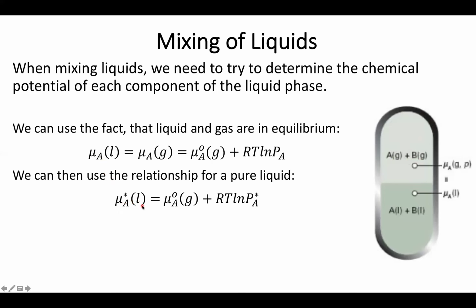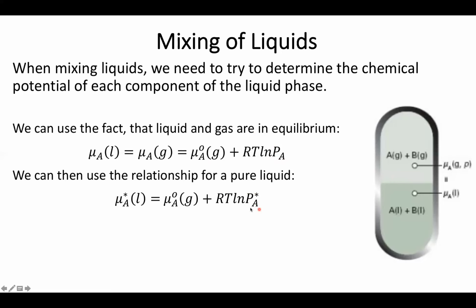The chemical potential of the liquid is equal to the standard state chemical potential of the gas, plus essentially the correction for the gas pressure. But there is a notable difference here, because in my actual system, we're using the measured vapor pressure, but for a pure liquid, this is going to be the vapor pressure of the pure liquid species.